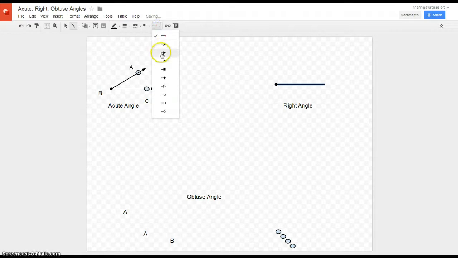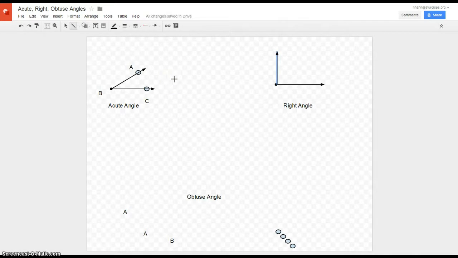I'm going to end with an arrow. And then to make it 90 degrees, I need to make another line. I'm going to line it up as best I can with this and try to put it in the middle of my vertex. I'm going to go straight up from there. And I'm going to end with an arrow.